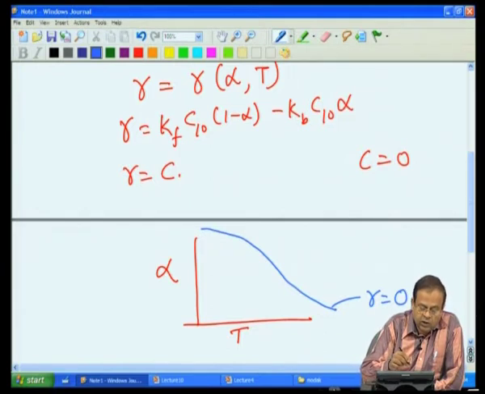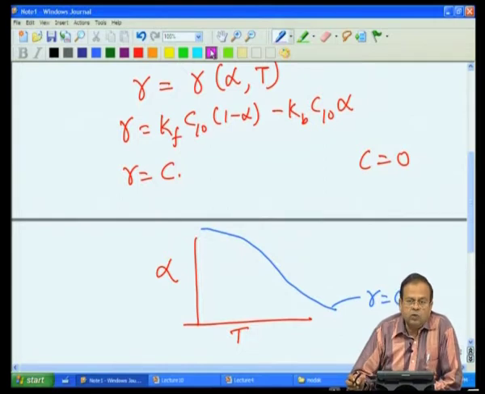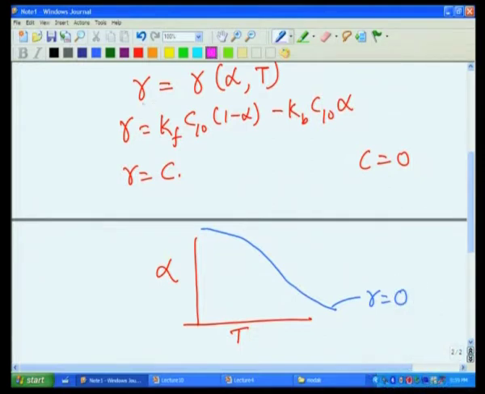Now, let me try to draw contour for different values of this constant C1. But before we do that, let us try to qualitatively understand how this rate will vary. Since rate is a function of both alpha and T, we will for sake of argument say that we are looking at what will happen to the rate as I change my temperature while maintaining alpha constant.